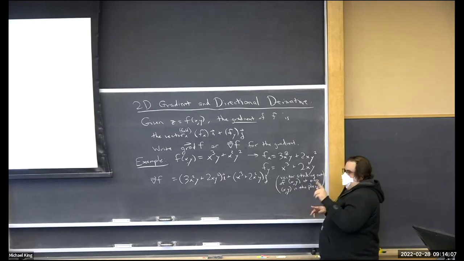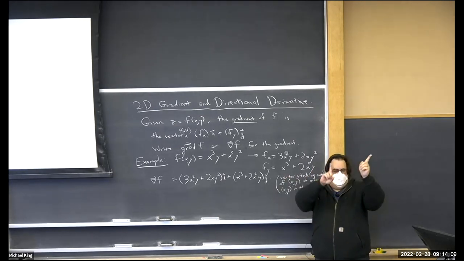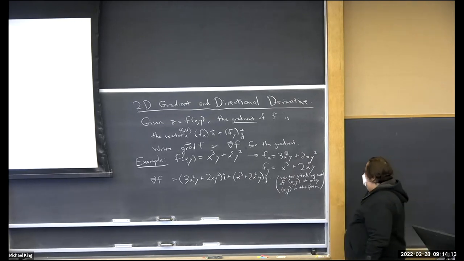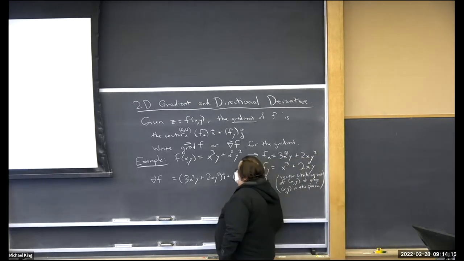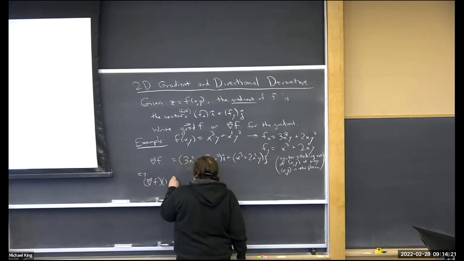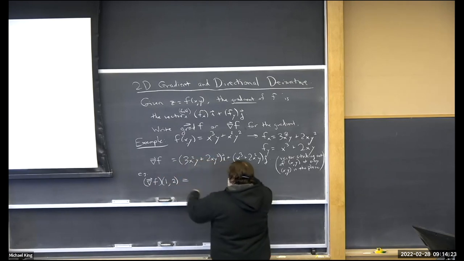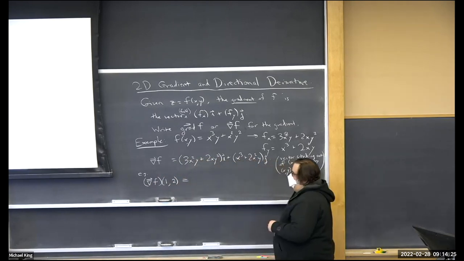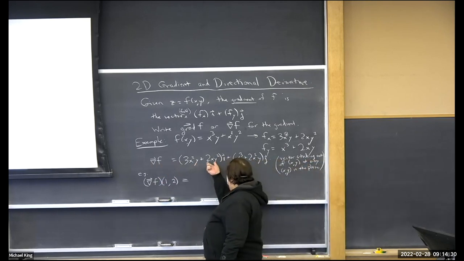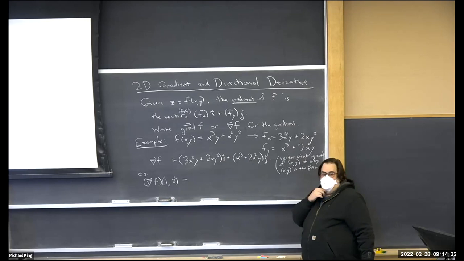You can imagine plotting these for a bunch of different points, and you're going to get arrows all over the place, right? So for example, if we just do the point 1, 2, that's how you write this. We actually want to plug in a specific point. It's like a function, but a function where the output is a vector instead of a number.